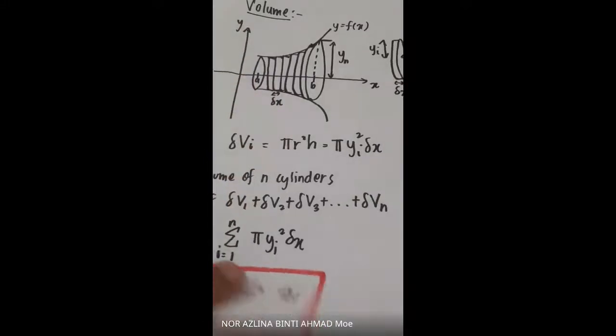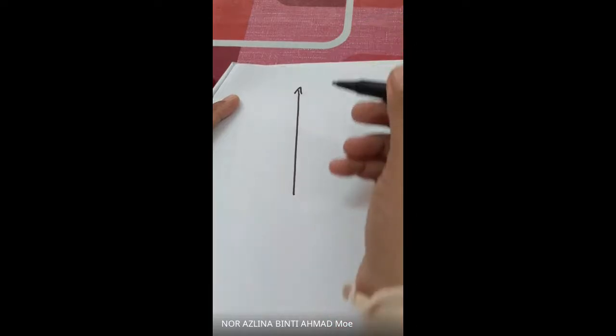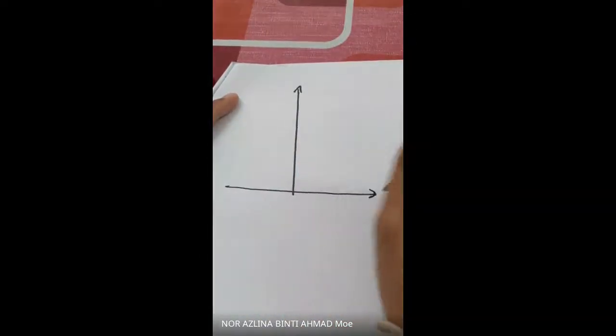Now, kalau terbalik pula, dia tak guna X, dia guna Y. Maknanya curve dia terbalik. Boleh jadi soalan ni ditanya, ini adalah basic: how the formula volume can form. This is x and this is y.